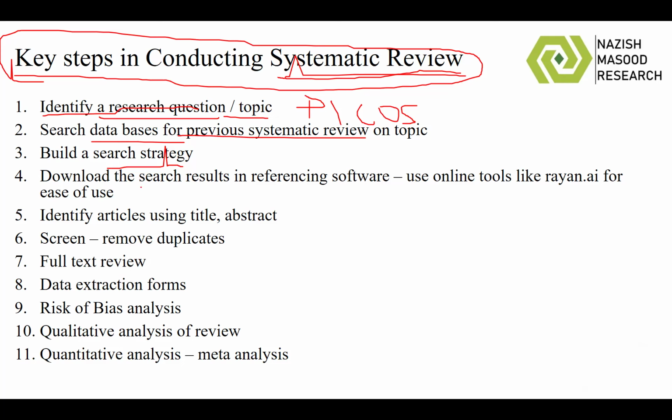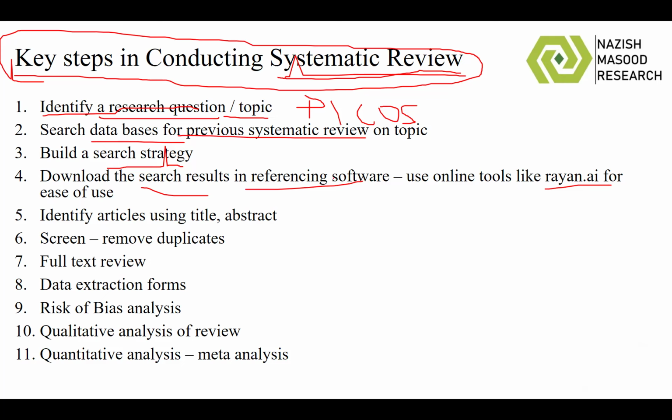You can then download those results into referencing software like Mendeley, EndNote, or you can download it in Ryan, which is an online AI-based tool that helps you manage, screen and develop a report for your systematic review.